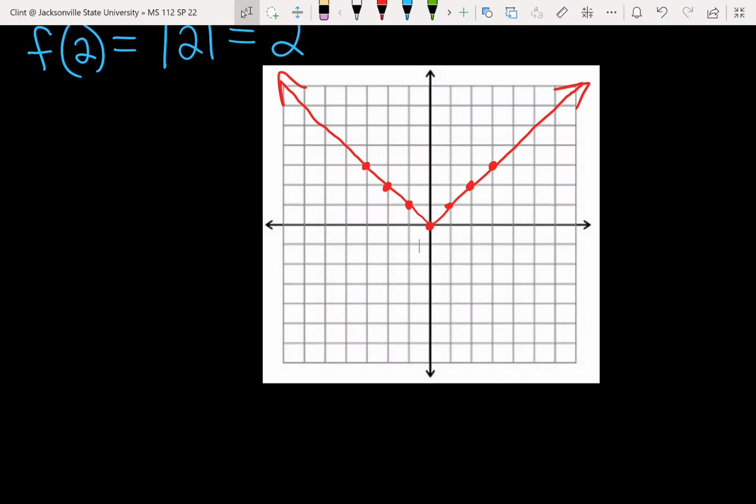If you have an odd index root, then you have some in quadrant 3, and then it looks like the square root. And then you have absolute value, you get the V shape. Those are going to be our important graphs right now. We'll add a couple more later, not many more. But you want to know the basic shape for those.